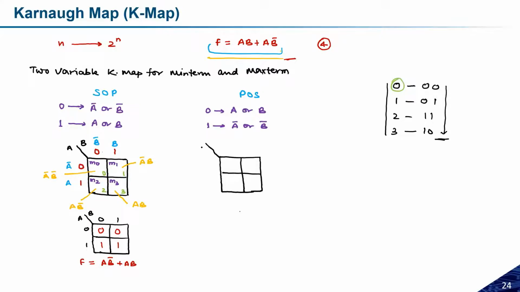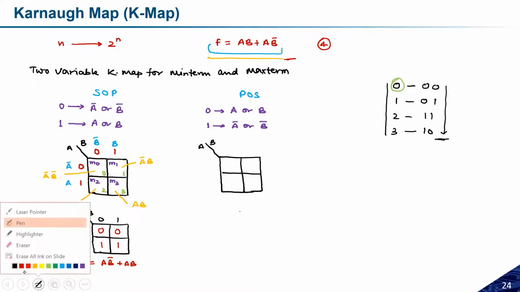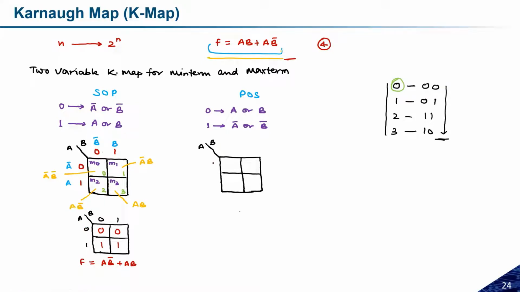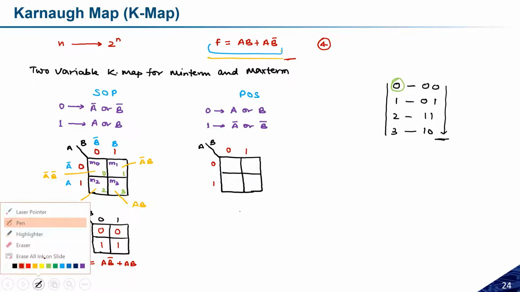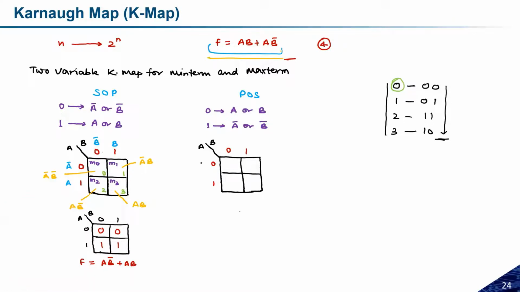So here I have a K map, which let us assume is for A and B, and the variables are, let us assume, 0, 1, 0, and 1. This indicates A, this indicates B, A bar, B, and B bar.